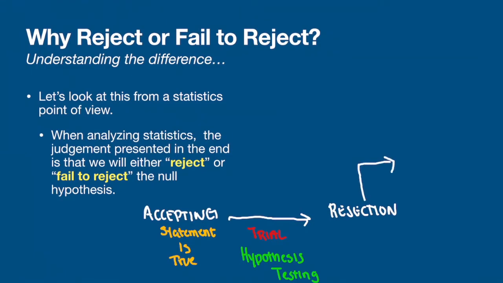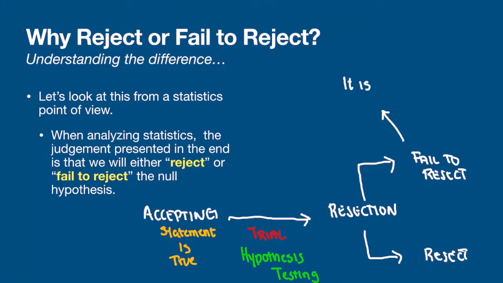We're either going to decide to fail to reject something, or we are going to reject something. So again, if we are to fail to reject something, what this really means is one of two things: it's false, or it could mean that there's not enough evidence to prove otherwise.